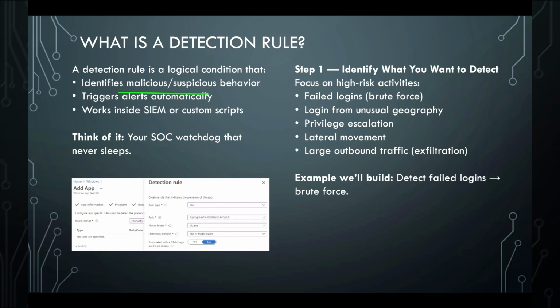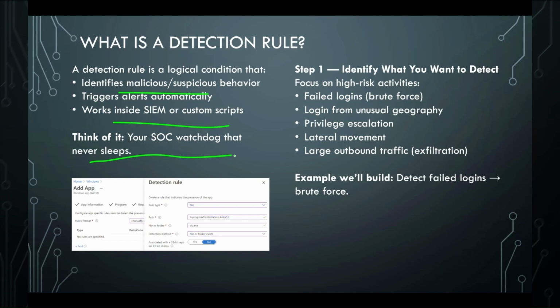So instead of manually combing through logs like a detective, a rule will catch suspicious activity and send you a heads up. Think of it as your own personal watchdog constantly sniffing out bad behavior while you sip your coffee.